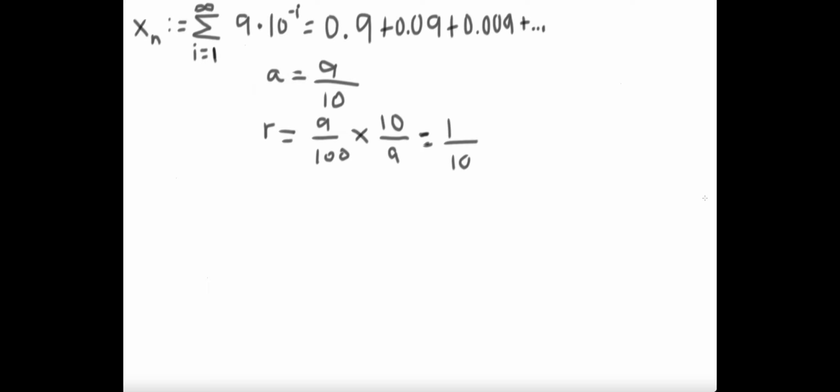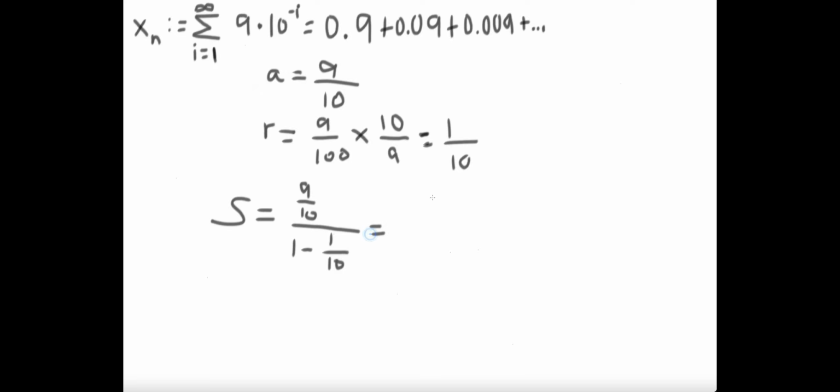Now, we can just use the s equals a over 1 minus r formula we have explored in previous parts of this video. Plugging it in, we would get s equals 9 over 10, which is a, over 1 minus r, which is 1 over 10.